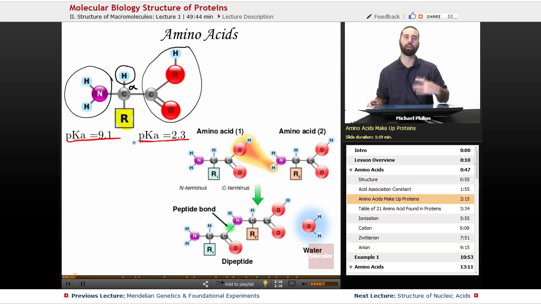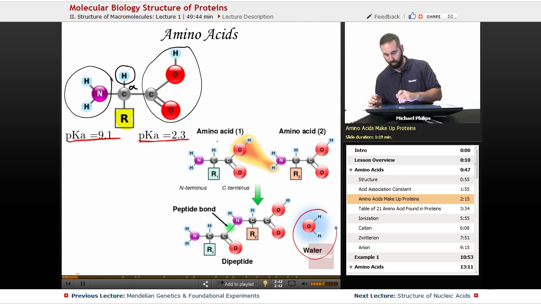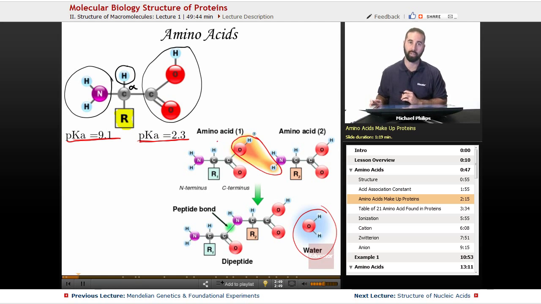Now, amino acids are going to make up proteins. They do this by making peptide bonds, also known as amide bonds. The addition of amino acid 2 to amino acid 1 is catalyzed, and the type of reaction is called a condensation reaction, in which case we are pushing out water. So this right here is your water molecule that gets pushed out.